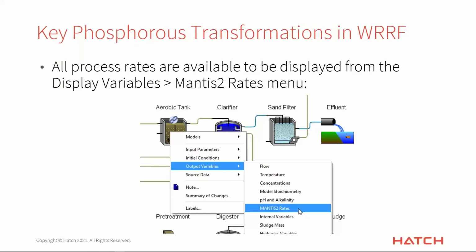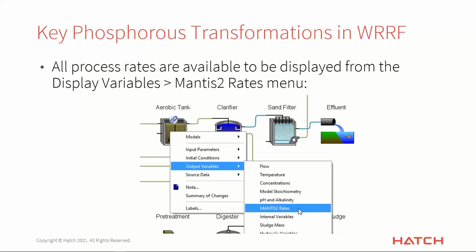So the good news is that's all built into the Mantis 2 model, and when you run your system and you solve the model, you can see all of those individual steps in the process individually from each other. I think this is one of the menus that maybe doesn't get used as much as it could be. Maybe it's not a particular menu that you're familiar with, so I wanted to show that today.